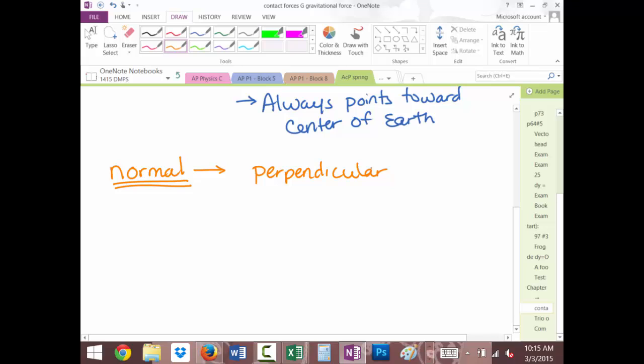The reason we like the name normal for this force is because instead of always pointing towards the center, this force is always perpendicular. Perpendicular to what? Well, let's talk about that. That's kind of important. The normal force is always going to be a force between a surface and an object.